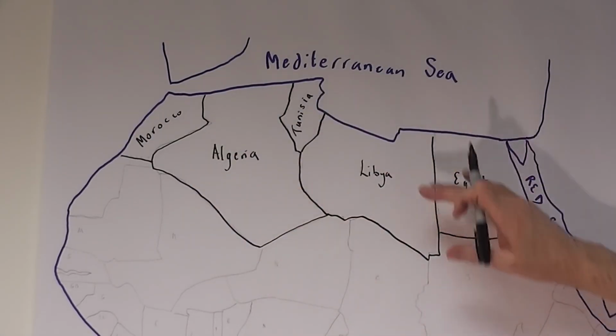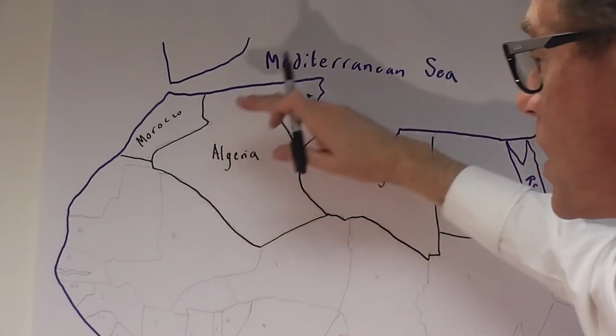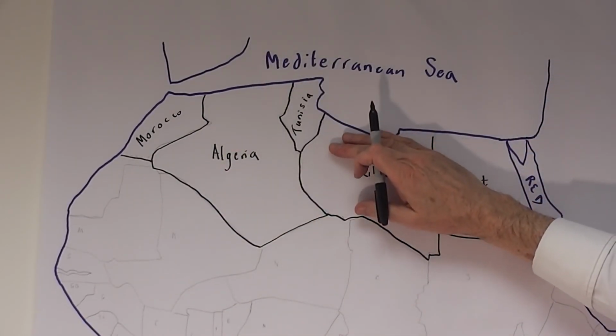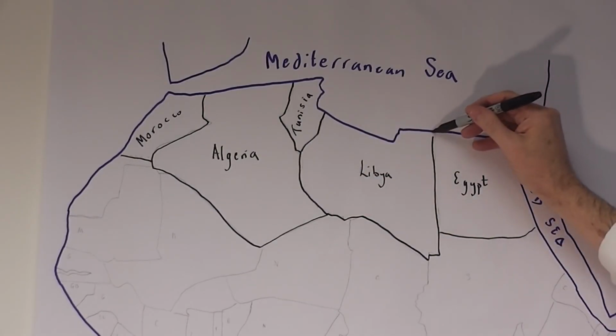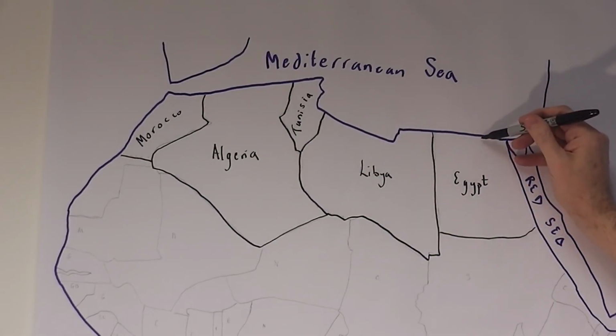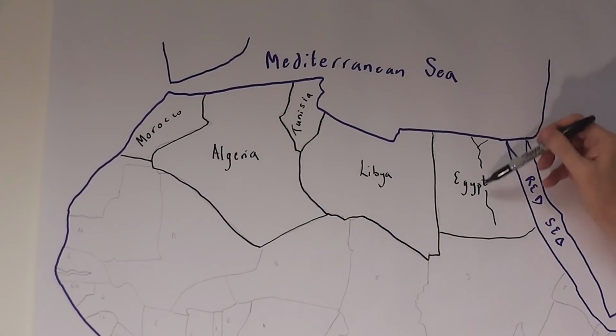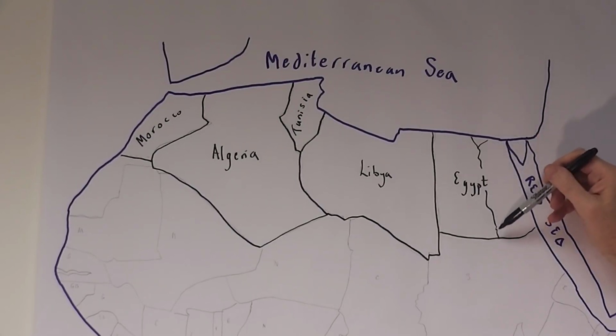Quite honestly, there's not much going on south of the coastal strip in terms of agriculture, with the exception of Egypt, where farmers are able to cultivate all the way down the River Nile, which of course provides the life of Egypt. It's the reason why Egypt was an ancient empire about 5,000 years ago. And this is the River Nile coming through Egypt.